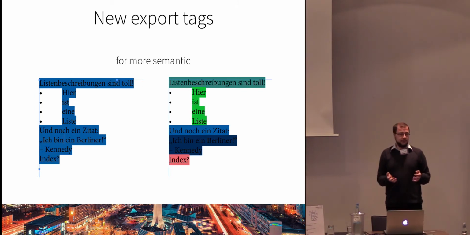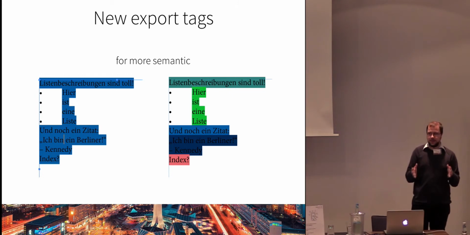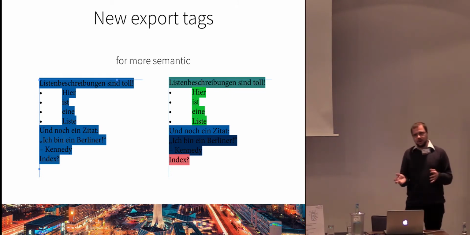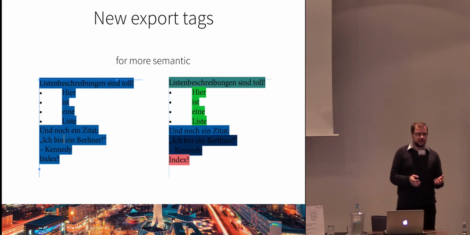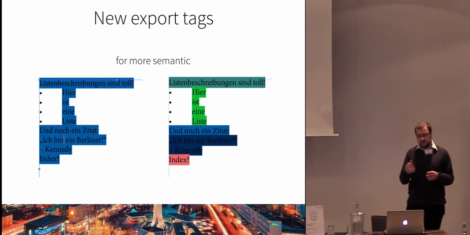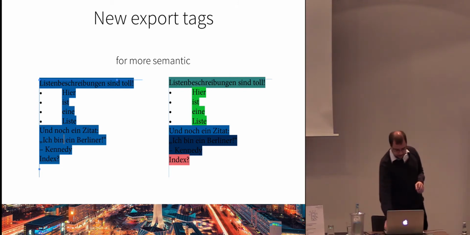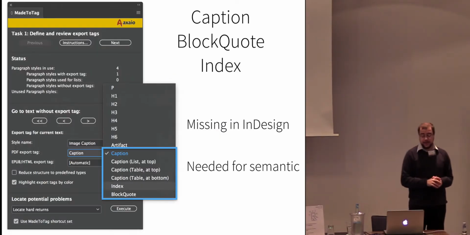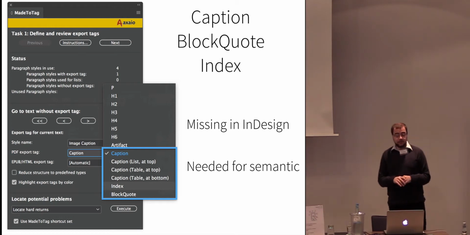In the earlier versions, you would just have set them as P, as plain paragraph, which is not wrong, but it's not a rich semantic. So we got asked if we could handle that, and we actually do. So we have new export tags in MadeToTag, which are Caption, BlockQuote, and Index.